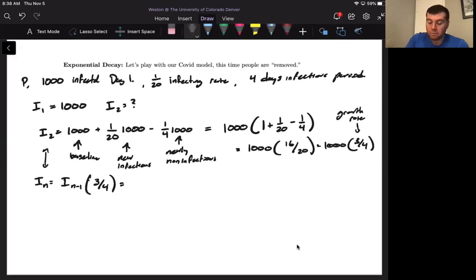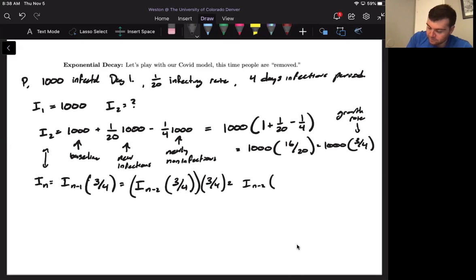And then just like we were doing before, we could say that that's I n minus 2 times 3/4 times 3/4, which is I n minus 2 times 3/4 squared.